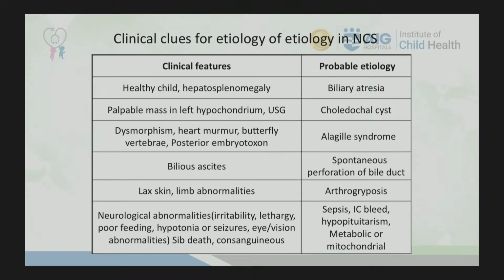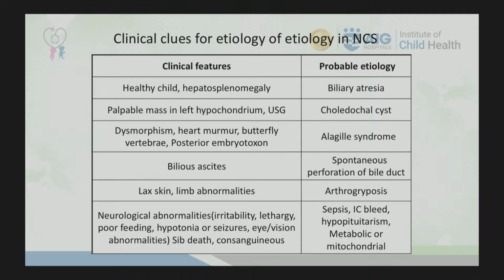A healthy child with hepatosplenomegaly, dark color urine, clay color stool, the possibility is biliary atresia. A palpable mass in the left hypochondrium, or on USG examination, the possibility is choledochal cyst. Any dysmorphic child with broad triangular face, heart murmur, hemivertebrae, butterfly vertebrae, or posterior embryotoxon suggests Alagille syndrome.